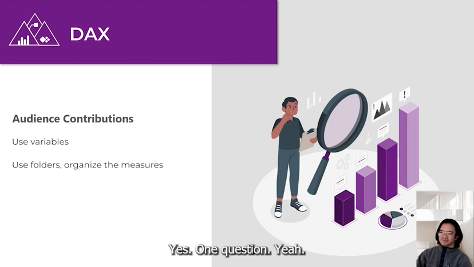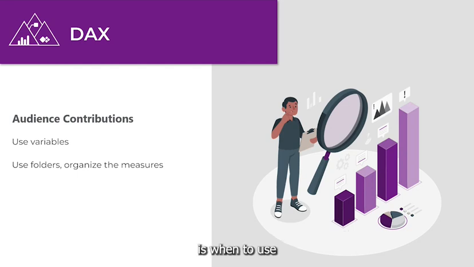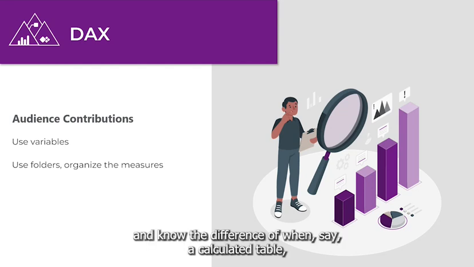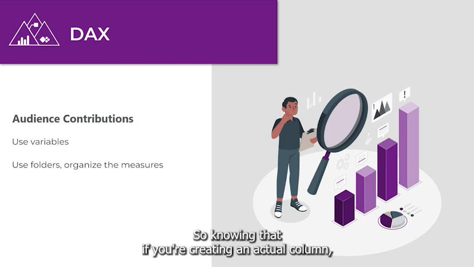Something I also think is really important to know is the difference of when a calculated table, a calculated column, and a measure is actually calculated.